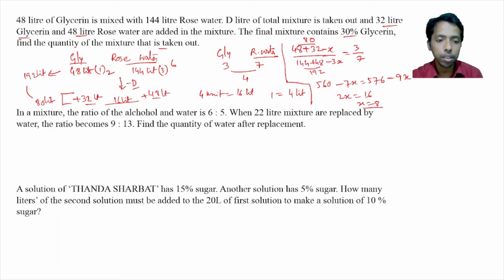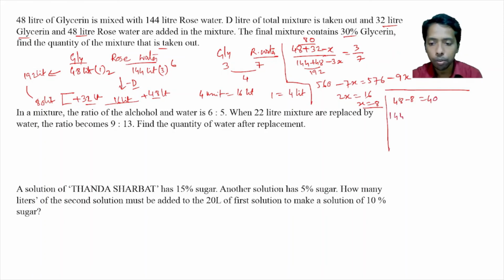So remove something. This is 48, so do it from here. This is 48 minus 8, which is 40, and 144 minus 24, that is 120, right? So this is 160.